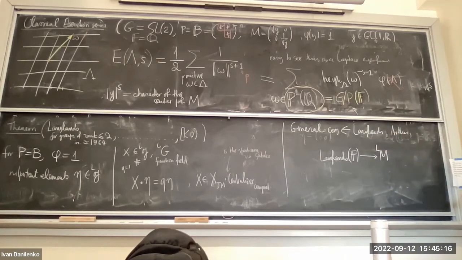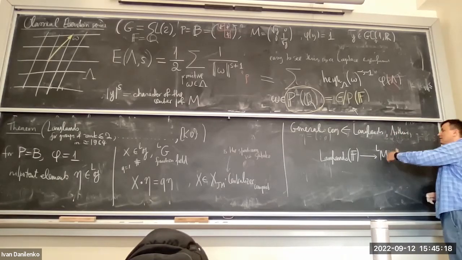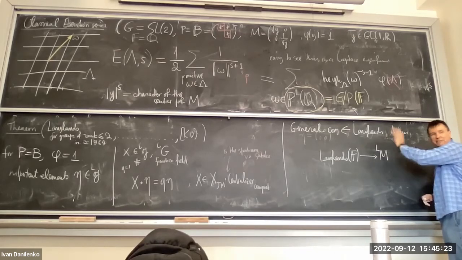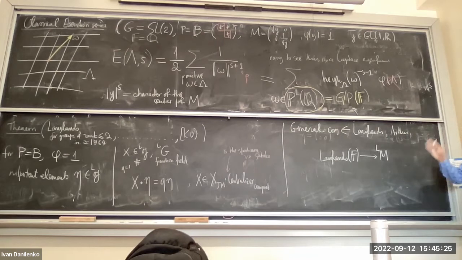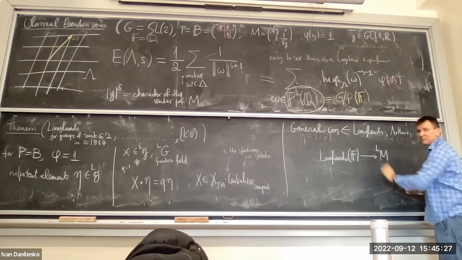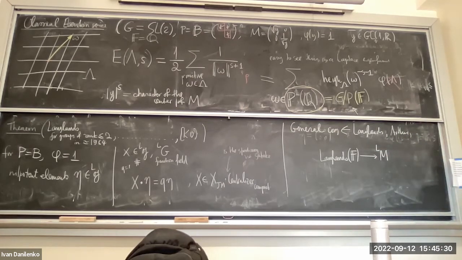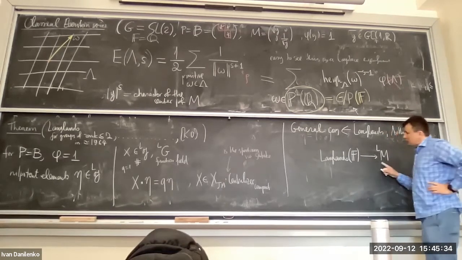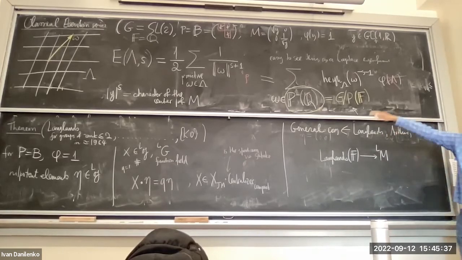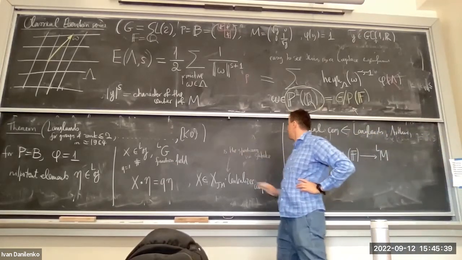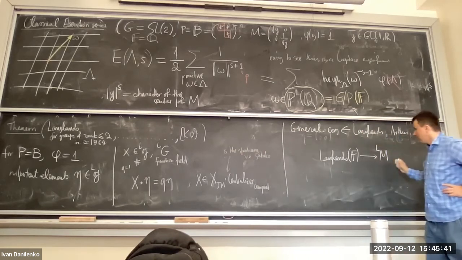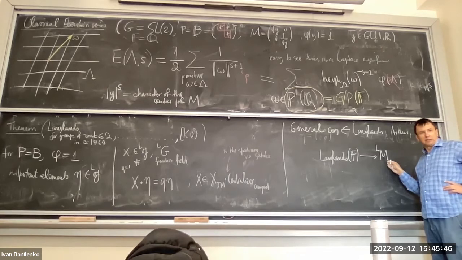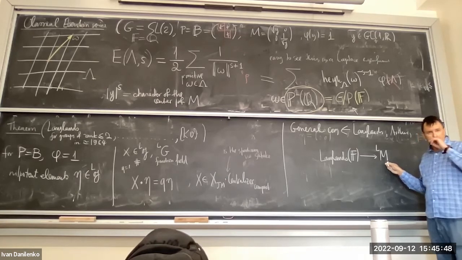But in general, if your group is not exactly split, then this is not the case. Anyway, this is just the node of the group. Then, for example, it's good to start. In the general story, you can start with the situation where this is tempered, meaning this already goes to something compact here.